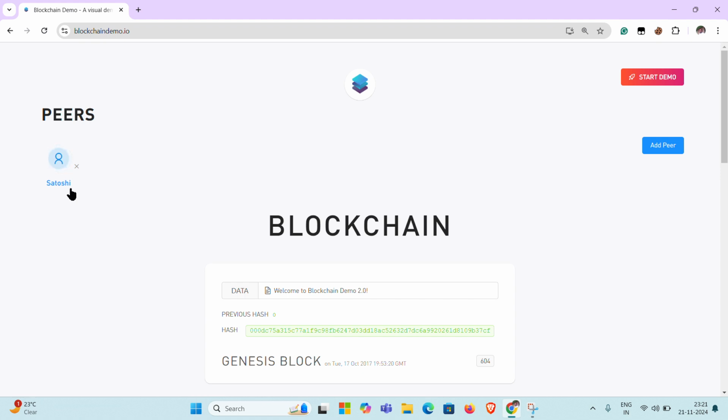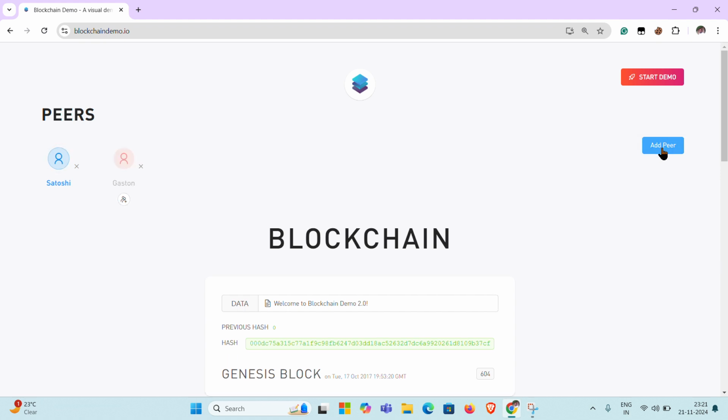This is usually called Satoshi. Suppose I want to add another node. Click on add. I want to connect these two to form a network. Just click this one and connect both peers. Your blockchain, the peer-to-peer network property, is distributed and decentralized.